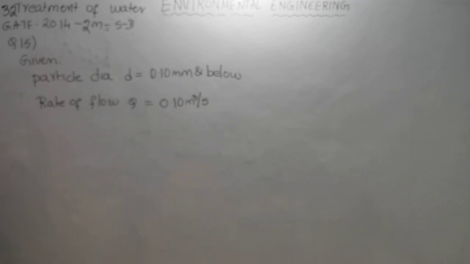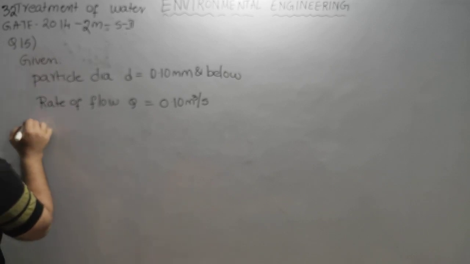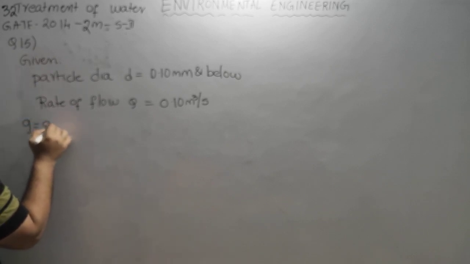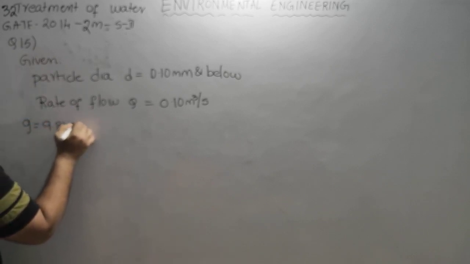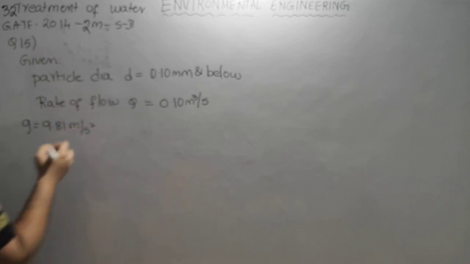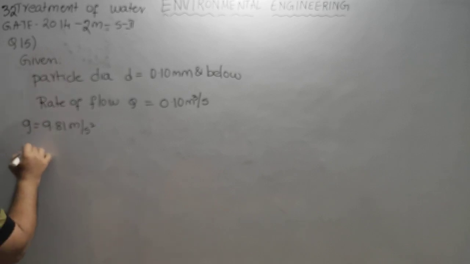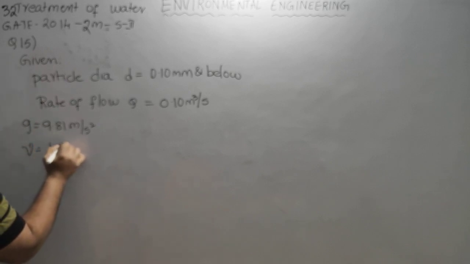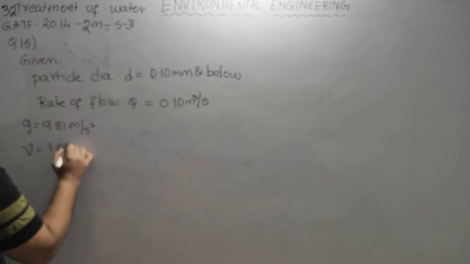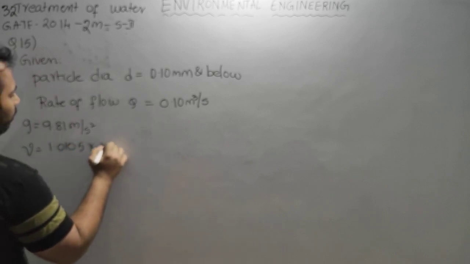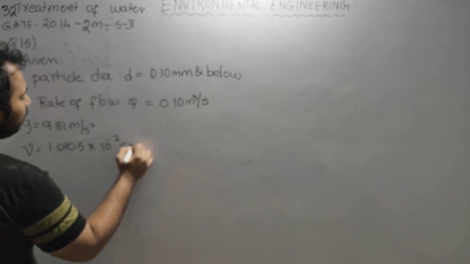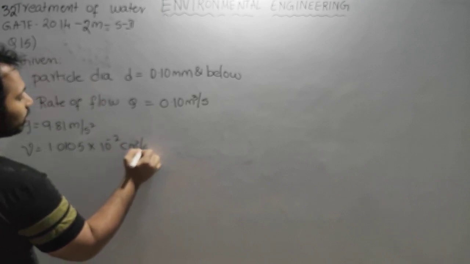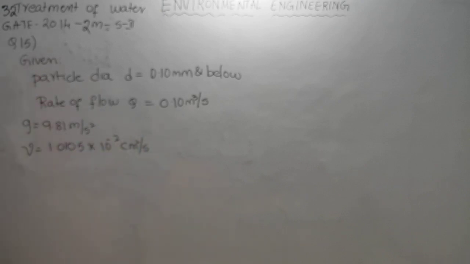Assuming G, acceleration due to gravity, is equal to 9.81 meter per second square, and kinematic viscosity is given as 1.0105 into 10 to the power of minus 2 centimeter square per second.